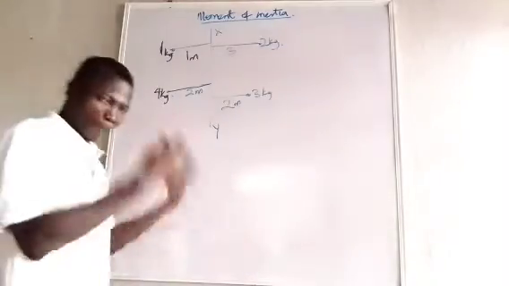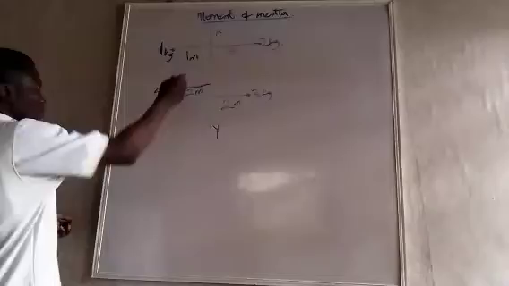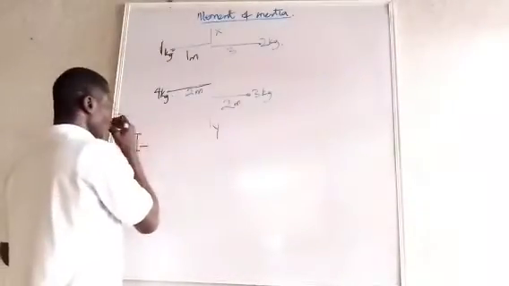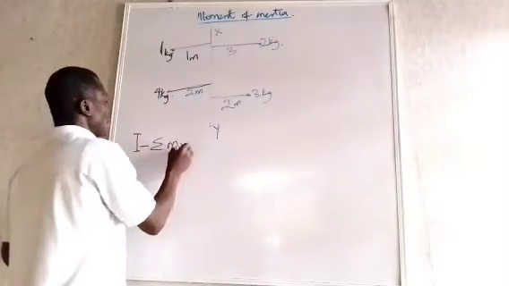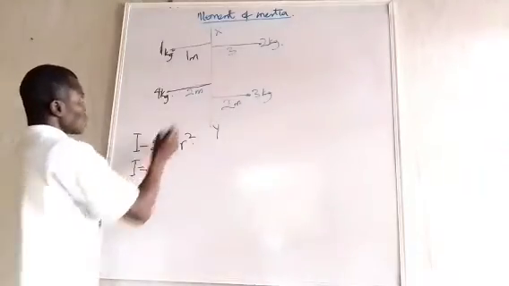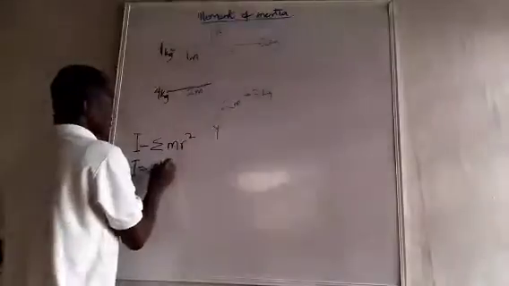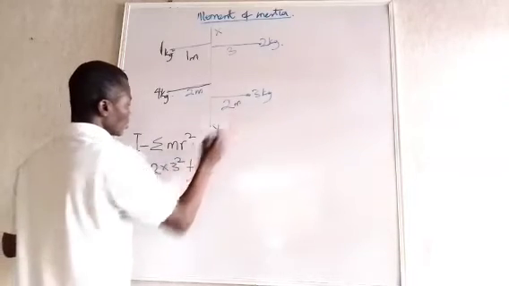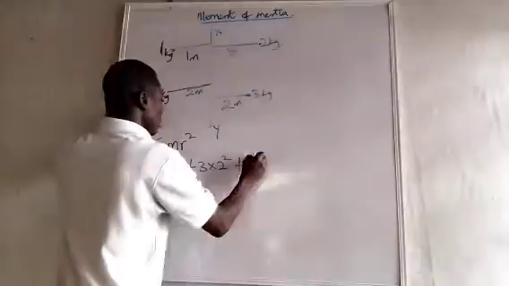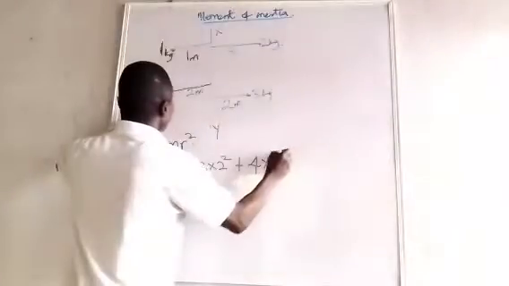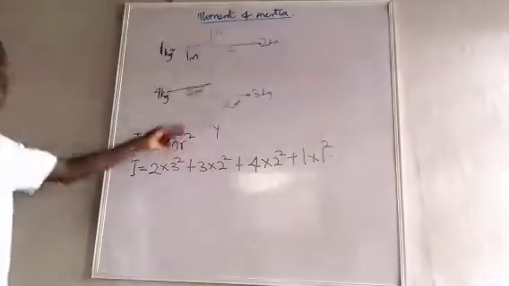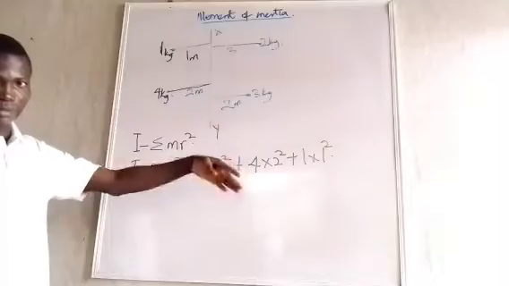So it's always positive. Now for this one, we know that I, the representation of moment of inertia, is equal to summation mr squared. So for this distribution, I will be equal to 2 times 3 squared plus 3 times 2 squared plus 4 times 2 squared plus 1 times 1 squared. r is the distance from the axis or point taken.